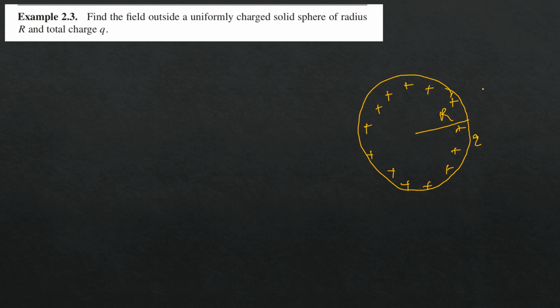Outside this sphere, for example, there is a point here where we have to find the electric field. So what we have to do? We have to draw a Gaussian surface.